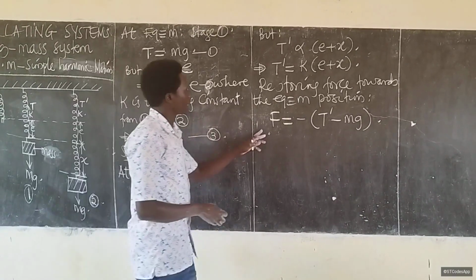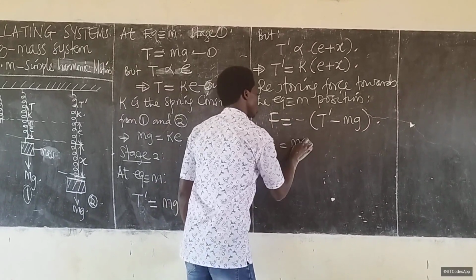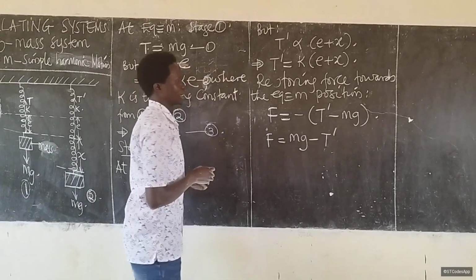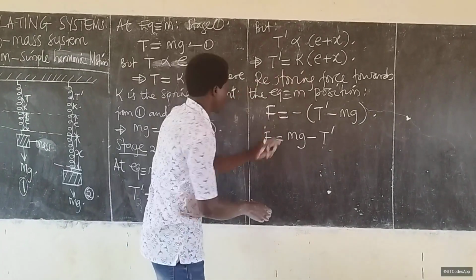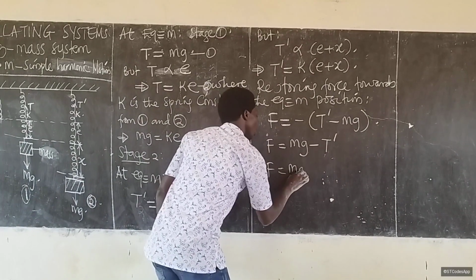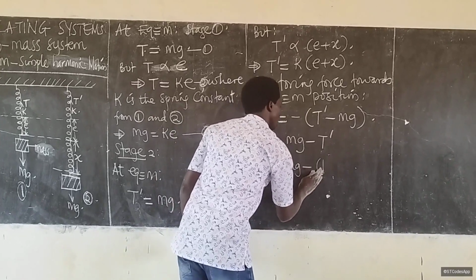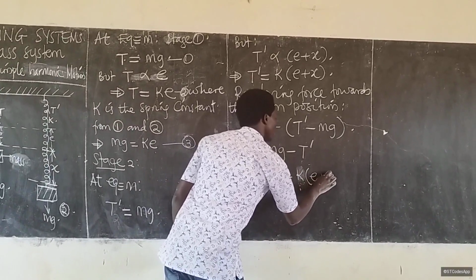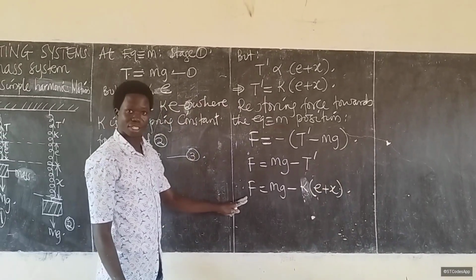It restores. So we shall have F will be ideally mg minus T prime. But then T prime is here. You can replace it. Therefore, F is equal to mg minus k, open the bracket, e plus x.